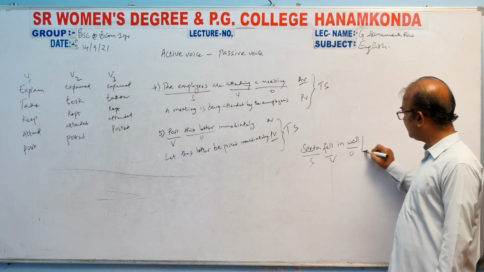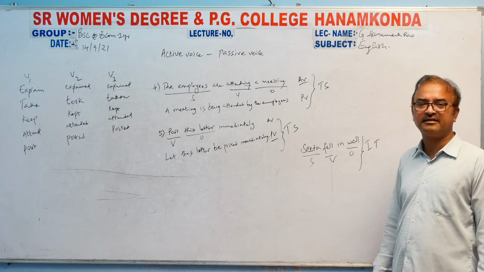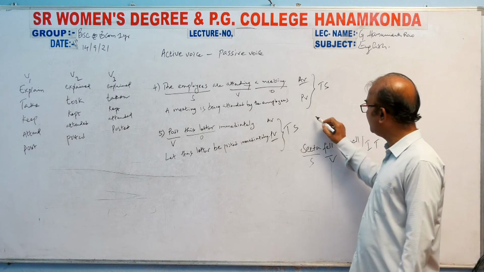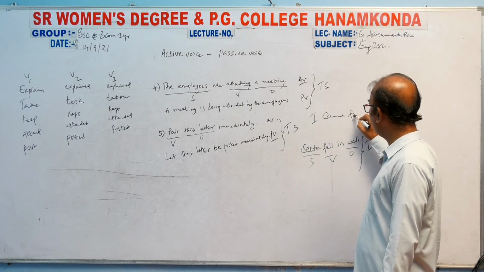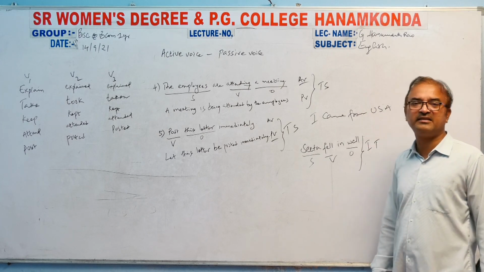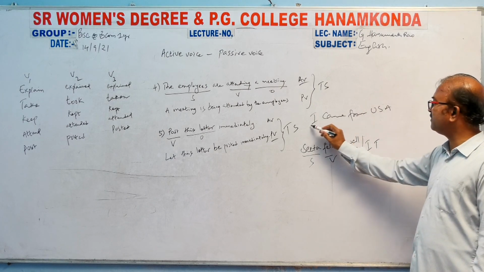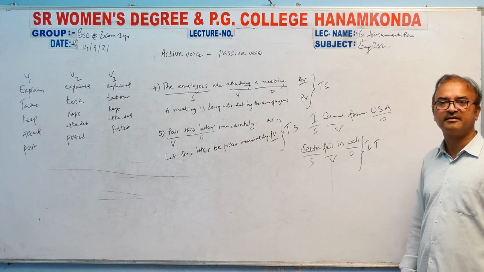That's why these things become intransitive sentences. For example, we have another one. I came from USA. Now if you take this one, subject, verb, USA is the object.